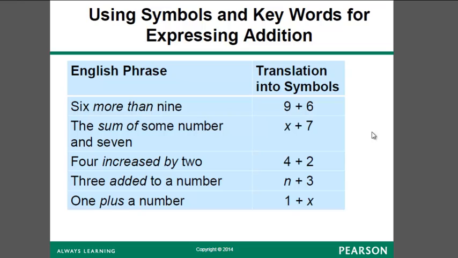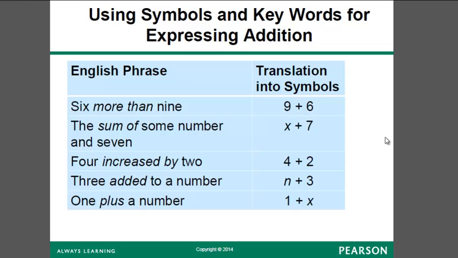Make sure that you watch what it's asking for. In this case, it does not tell us, but the sum of some number, in this case I used x, and 7. That's x plus 7. The word sum means to add.